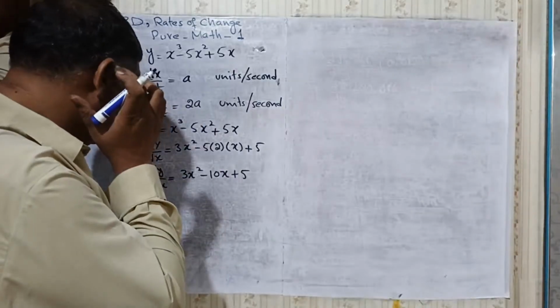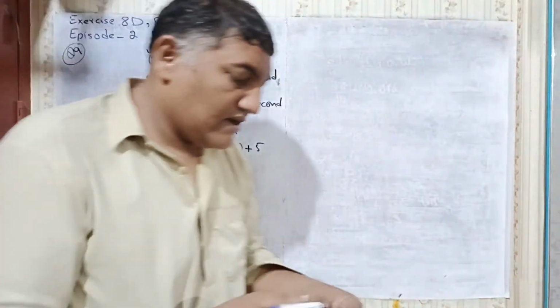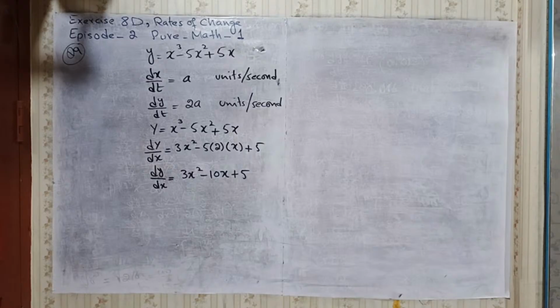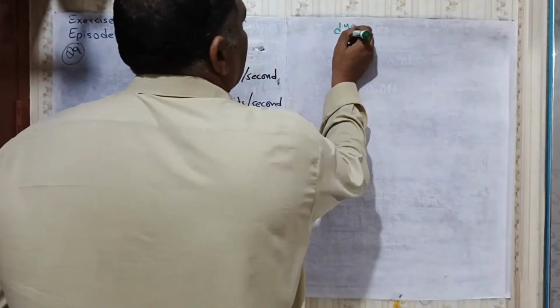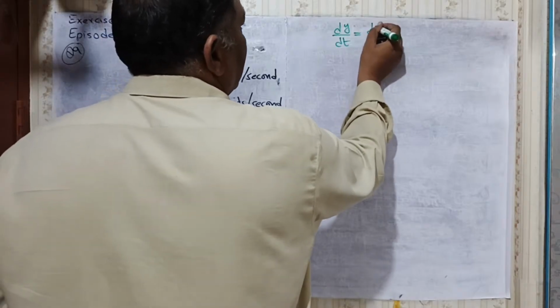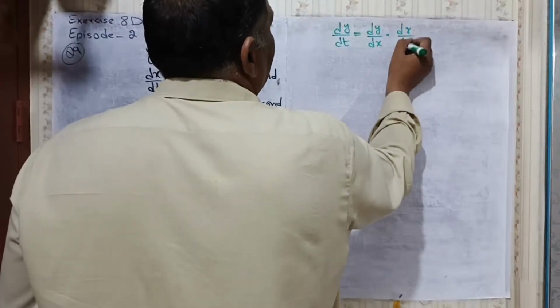Then we can apply the chain rule. dy by dt is equal to dy by dx into dx by dt.